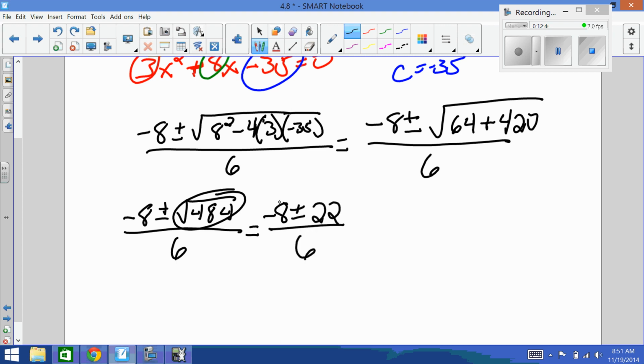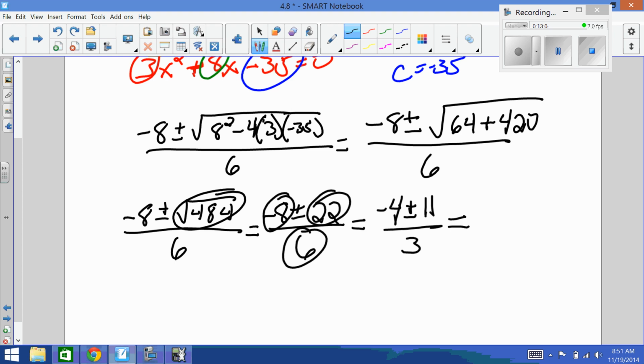Over 6. Now, let's look at all 3. They're all divisible by 2, so let's divide them all by 2. That's negative 4 plus minus 11 over 3. Now, since there's no radicals, that means I can go ahead and get nice numbers.